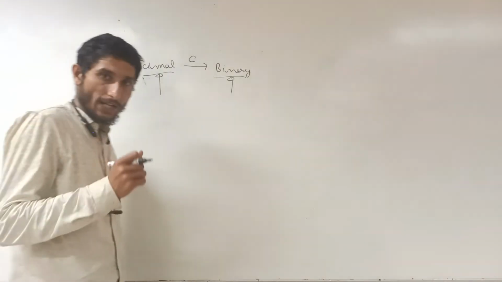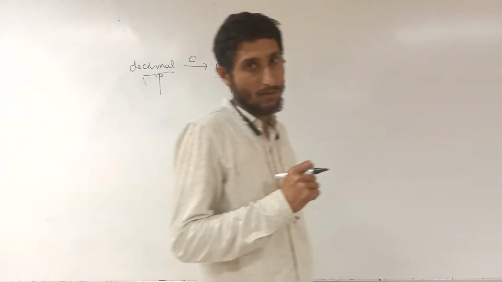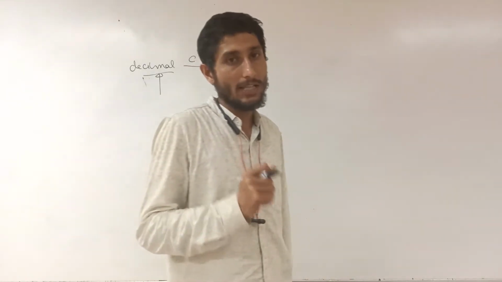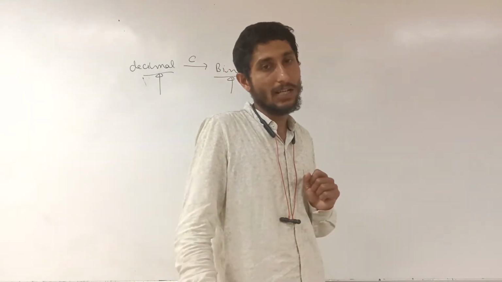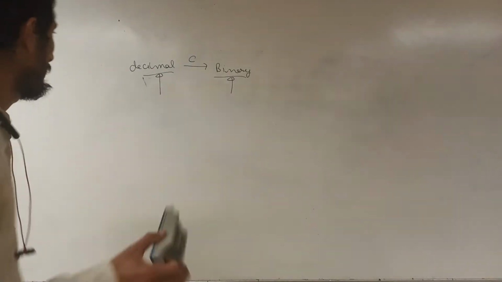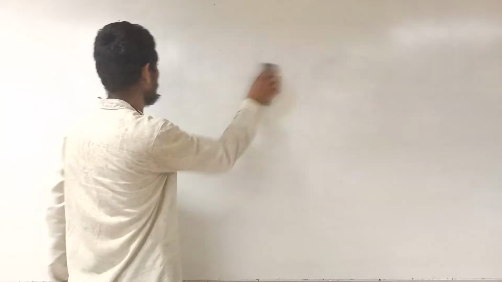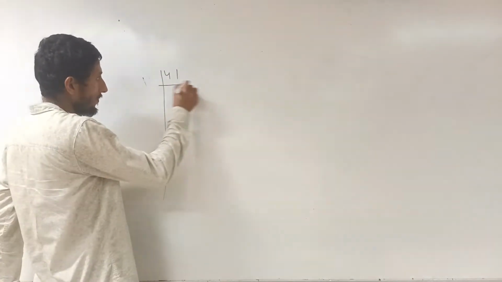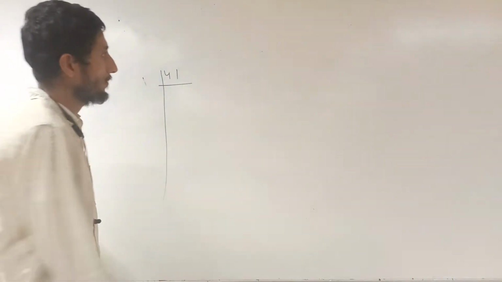First of all, let me tell you the logic of how we can calculate the binary equivalent of a number, as well as how we can build the logic in C language. Let's say the number is 41. At the right side, let me make the program.